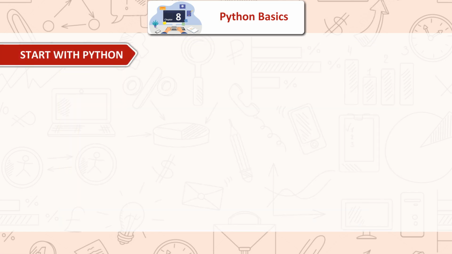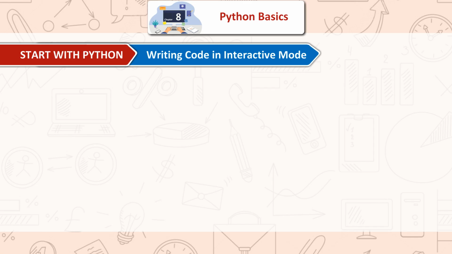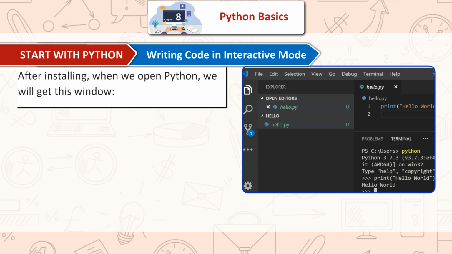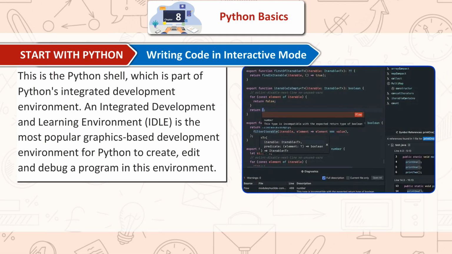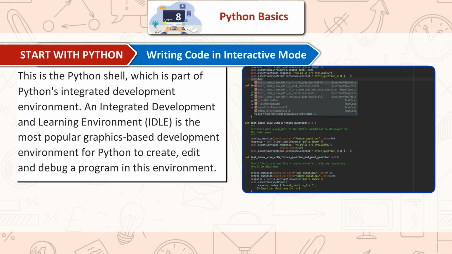Start with Python. Writing code in interactive mode. After installing, when we open Python, we will get this window. This is Python shell, which is a part of Python's integrated development environment. An integrated development and learning environment, IDLE, is the most important graphics-based development environment for Python to create, edit, and debug a program in this environment.